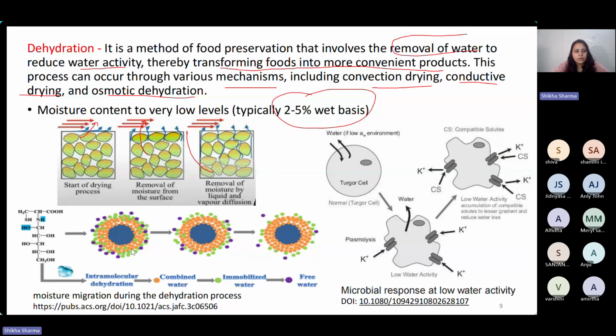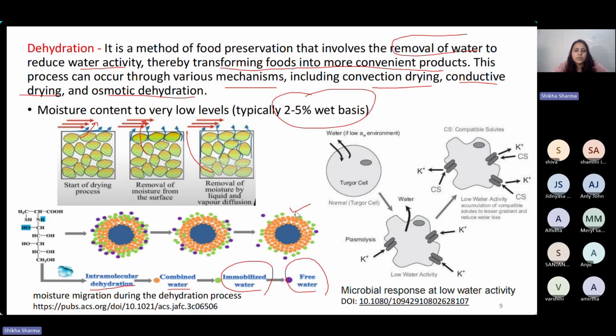So if we see initially what happens, the intermolecular dehydration process is there, then combined water will also go, and then immobilized water, and then free water. So free water is the one which is at the top. So it will go first when we are dehydrating or drying any food product.